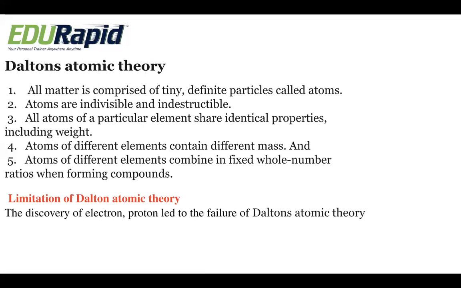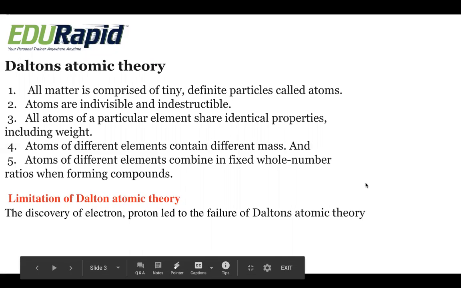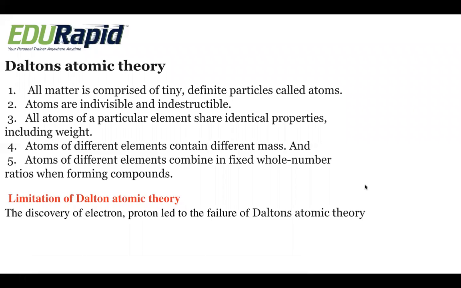When we see the limitations, the discovery of the electron and proton led to the failure of Dalton's atomic theory. It is because the scientists J.J. Thomson and Goldstein discovered the electron and proton respectively. J.J. Thomson discovered the electron and Goldstein discovered the proton, which were subatomic particles, meaning they are particles present inside the atom.